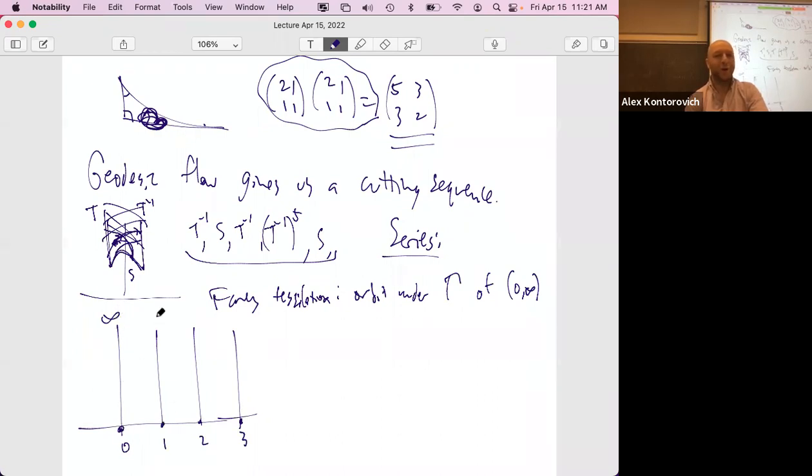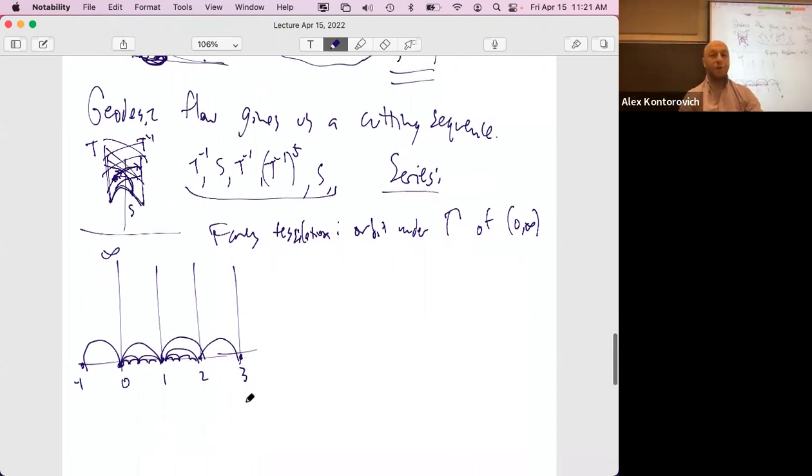But if I apply S to 1 to infinity, it sends 1 to -1 and infinity to 0. And then I can translate that. So the Farey tessellation looks like this. It has all these arcs. Yeah, I apply every element of SL2Z to 0 infinity, so you're seeing where you end up in the real line.